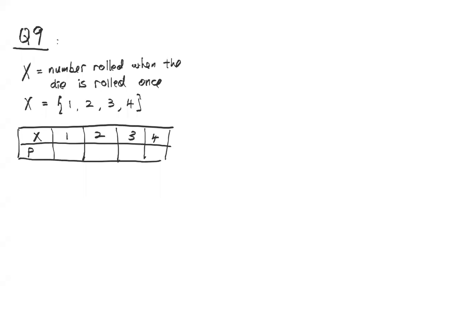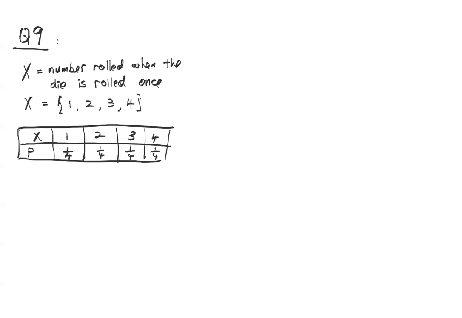I have built an octahedron dice before. Yep, you can Google, they will teach you how to do it. So that is called a tetrahedron. Tetra means 4, hedron means all the faces must be the same. That is how geometrical shapes go. So that means each one of them will have 1 over 4, 1 over 4, 1 over 4, 1 over 4. Okay, so that is your X.